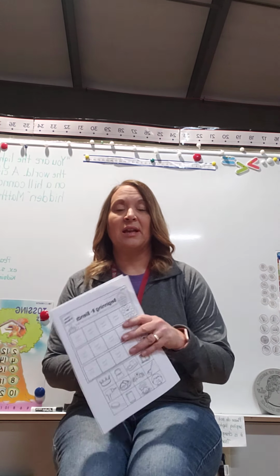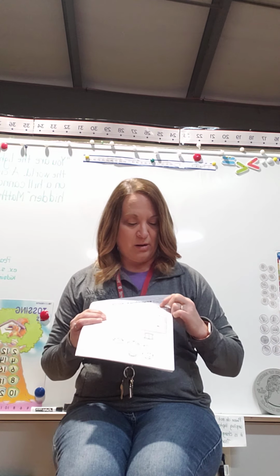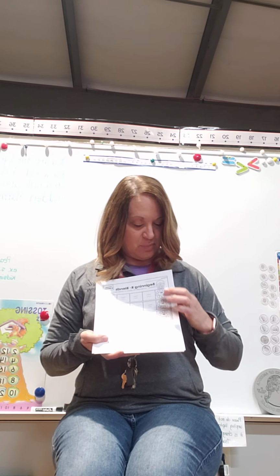We are going to do a beginning blending page, and that's where we have two consonants at the beginning of a word, and we're going to do the BR, the CR, and the DR. Brr, cr, dr. So these words down here like drum, drum, that would go under DR. Bread, bread, you hear the BR at the beginning. Dress, crown, CR. Broom, BR.